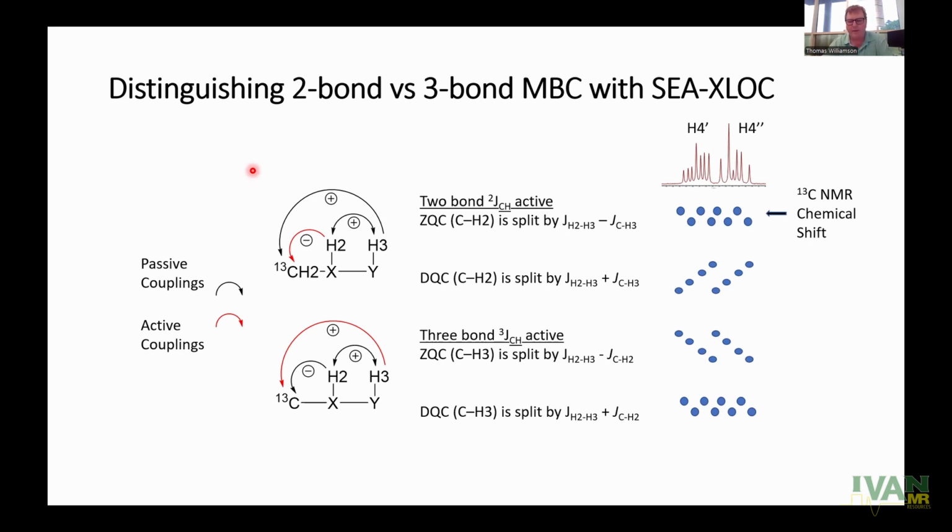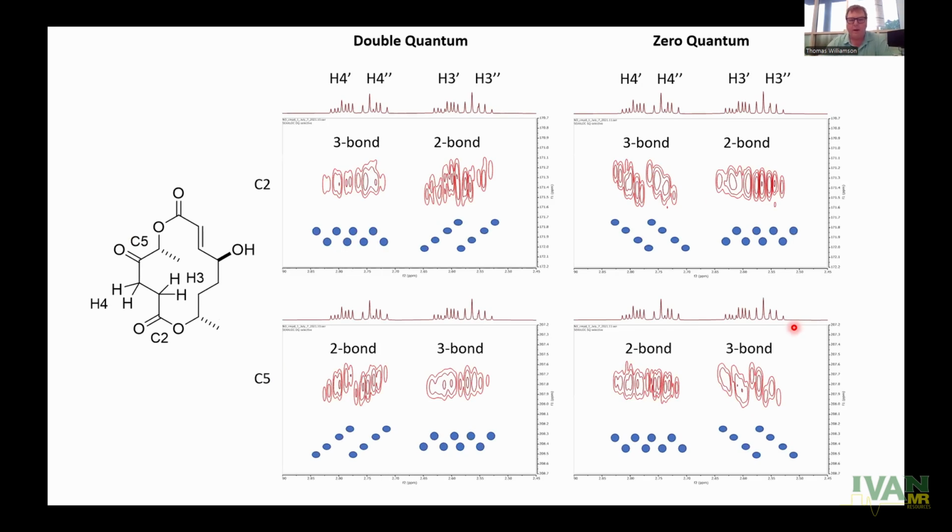It can also be quite confusing, because depending on how you set up the experiment, the data are completely complementary to each other. So you need to be careful about which type of selection you've actually made in the experimental setup. Here's an example of the real data, and you can see when it works nicely, you see this tilt, which distinguishes the two-bond correlation in this case.